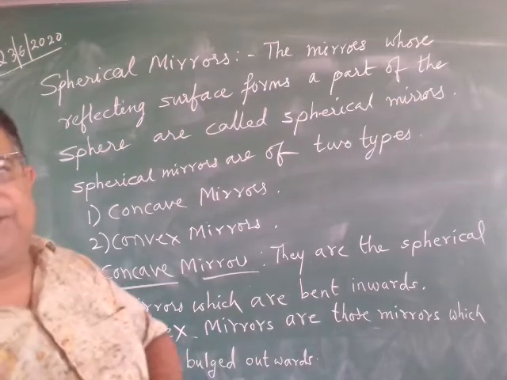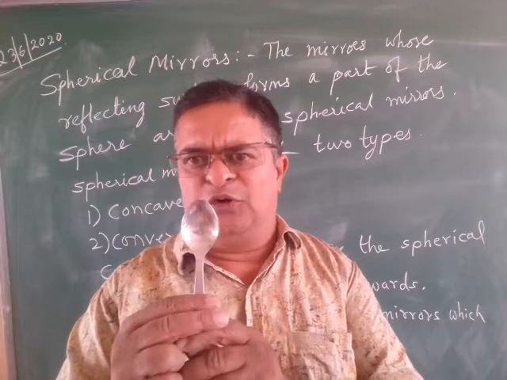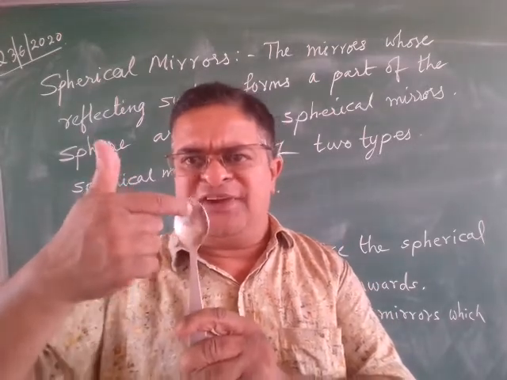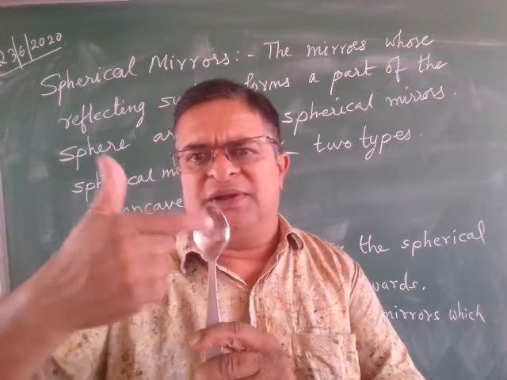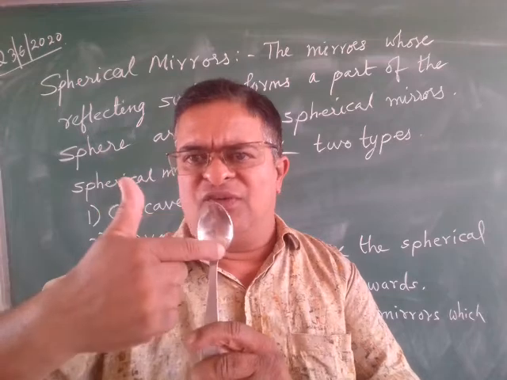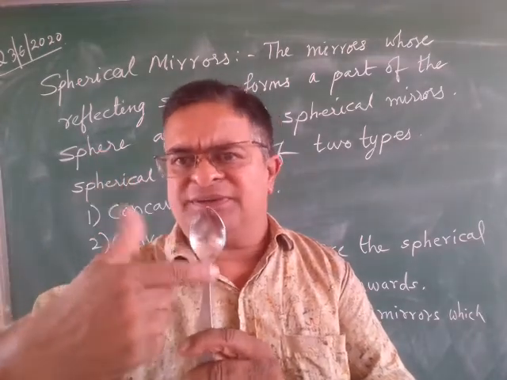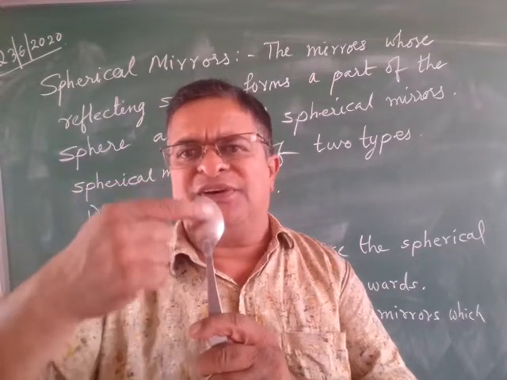Now see, for an example of a concave mirror, you can see this spoon. The part which is bent inwards forms a concave mirror. And the opposite part, you can see it is bulged outwards.